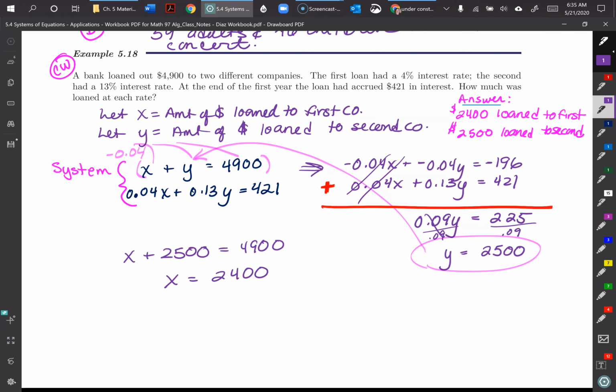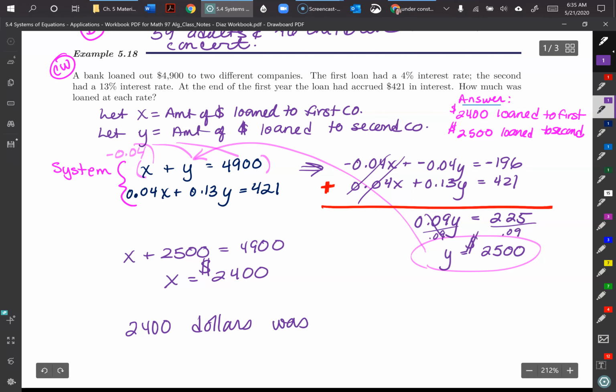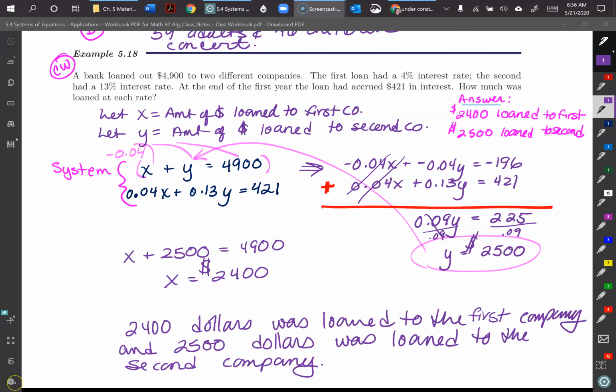So then I just write my answer, and that is in money, so make sure you track that. And I already wrote the answer there, but I'll just write it again. $2,400 was loaned to the first company, and $2,500 was loaned to the second company.